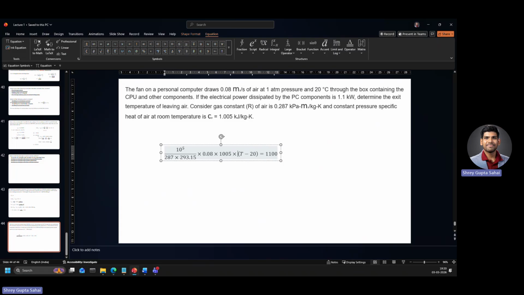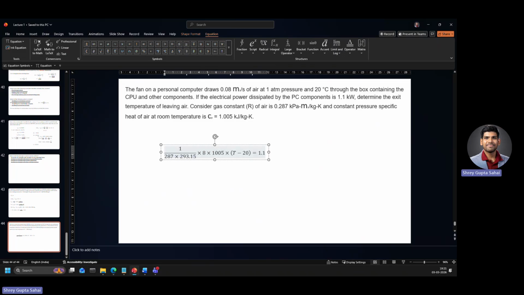Right. So now let me see if we can make any progress here. This will get cancelled for you to get 10 to the power 3, by the way. And then this can become 1 to give you 1.1.